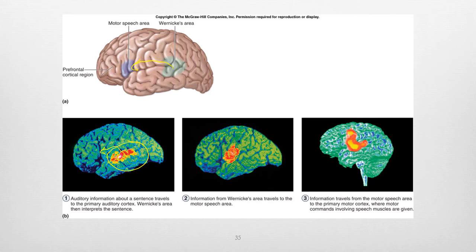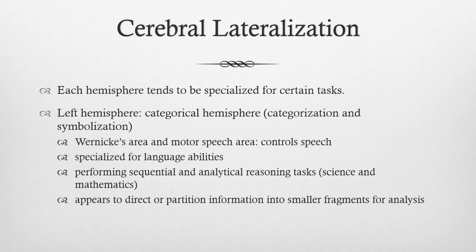We're going to send that information from motor speech up to primary motor cortex. And so primary motor cortex fires off, and then you're able to say the words that were being asked of you to say.